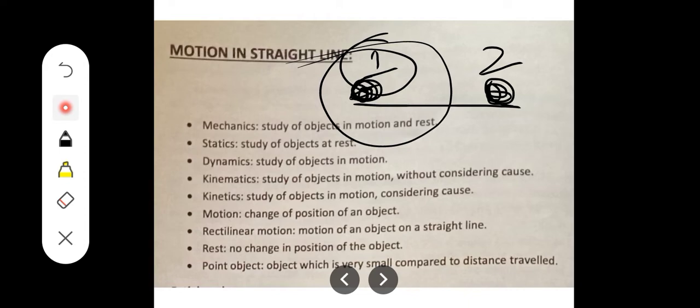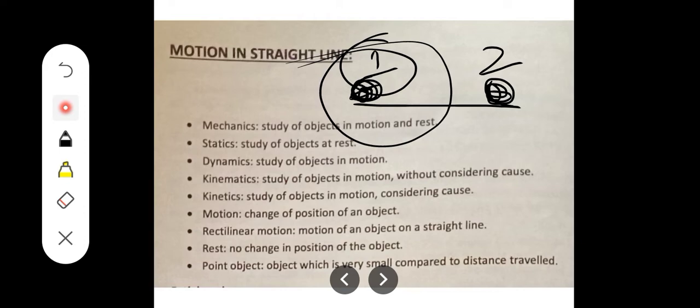Then, if you compare the distance moved by the bus and the length or size of the bus, then that bus is very small compared to the distance it covers, right? That is 100 kilometers. So this bus can be considered as a point object now. Its length is negligible, its size is negligible. That is why it is called as point object. That is what is said here. Object which is very small compared to distance traveled, that is called a point object.